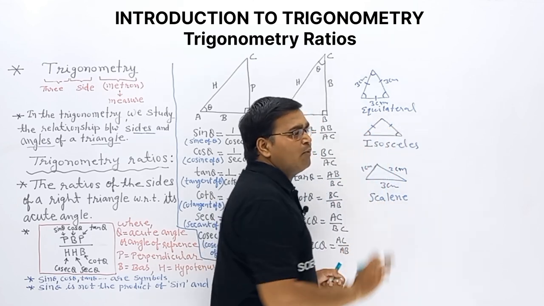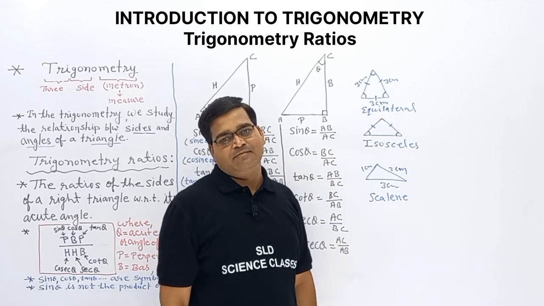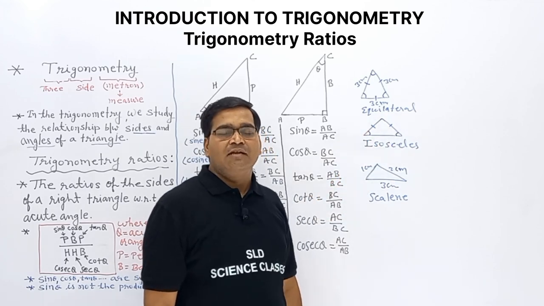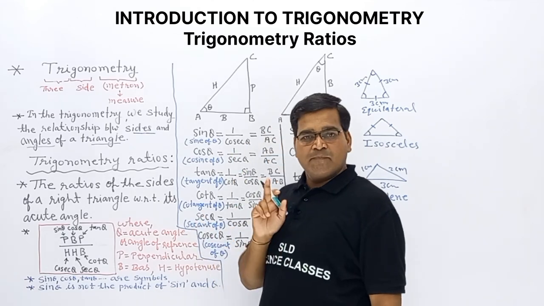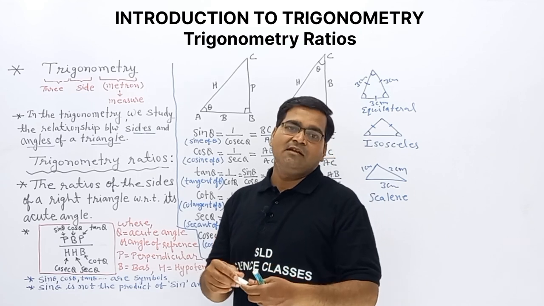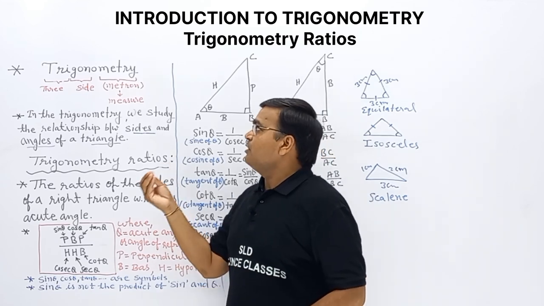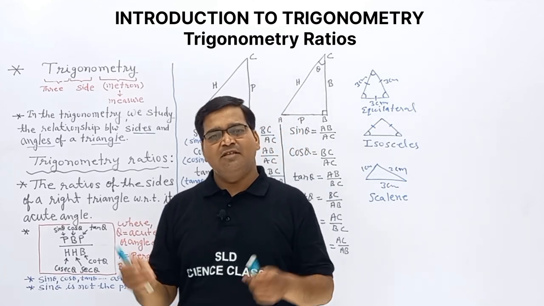Both sides are equal, which means both angles will be equal. Clear? Now in the right triangle, one angle is 90 degrees. Observe what we will study in this chapter.